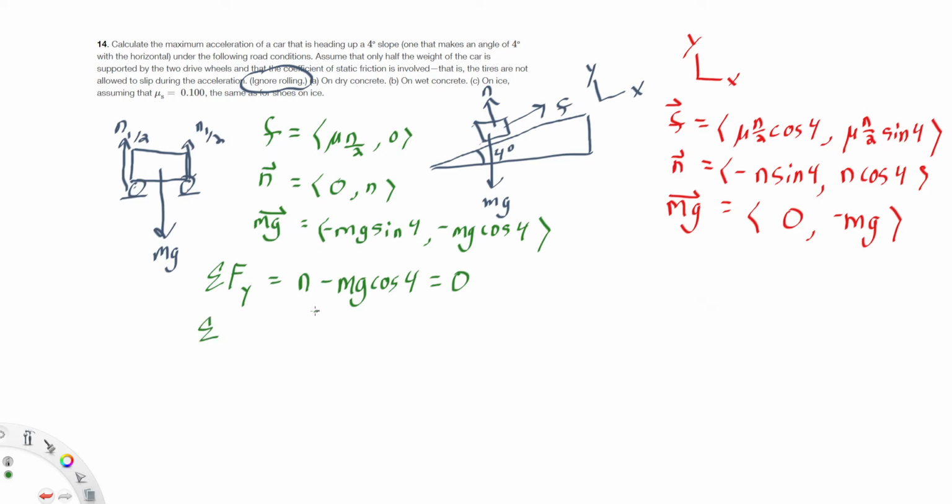And this tells us that the amount of normal force must be equal to mg cosine. If we go to the x direction, now we have mu n over 2 minus mg sine. And what should the sum of forces in the x direction be?